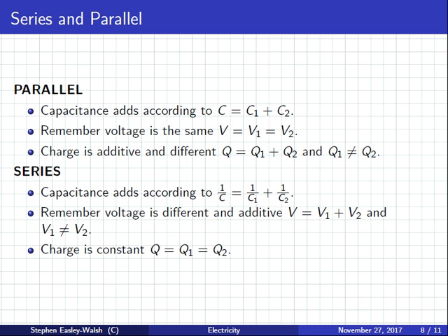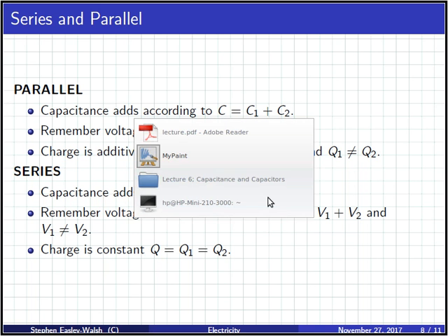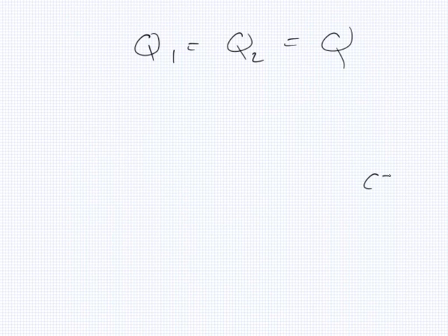You can kind of see this formula. It's actually not too difficult to prove. If you're happy with the idea that the charge must be equal, then the formula is straightforward to prove. I'll just show it to you quite quickly. If you're happy that Q1 must equal Q2 must equal the total, and you have the formula C equals Q over V, then you have V1... Before I get to that, just hold that there.